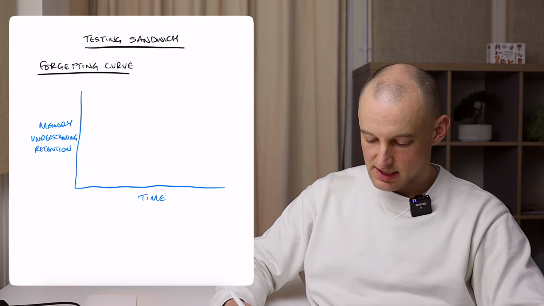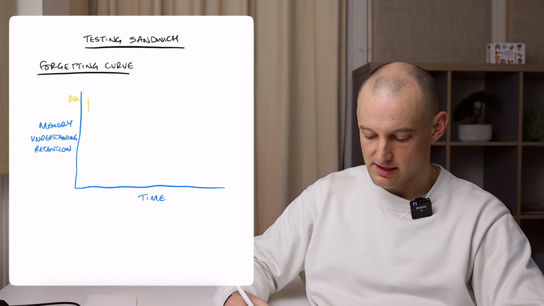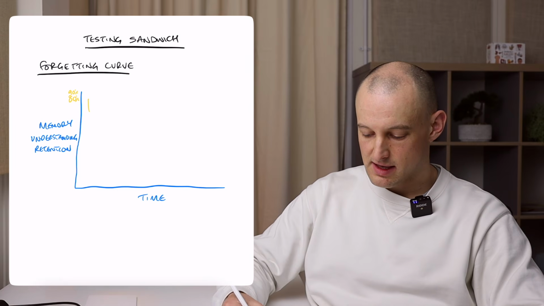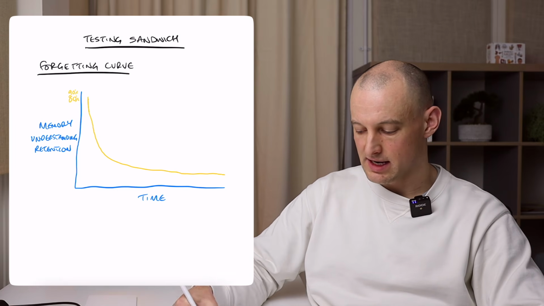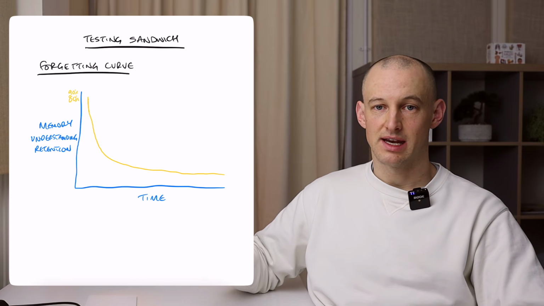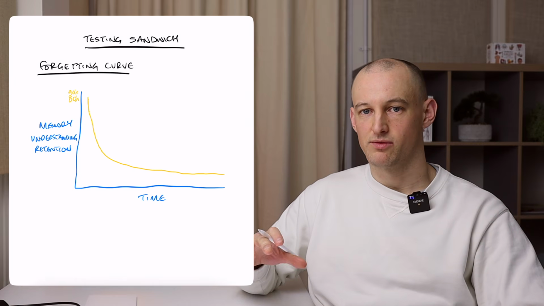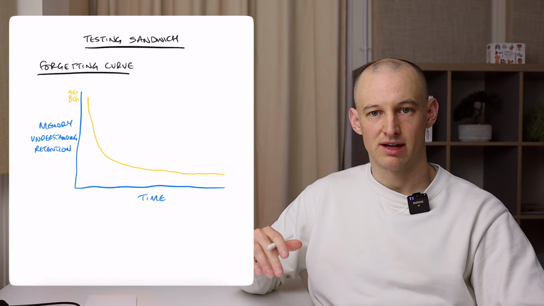So what happens is you study a topic and you start up here. Maybe this is like 80% or 90%. And what happens is your memory drops really quick and then it kind of plateaus down at the bottom. So within a few days of studying something, you'll have forgotten most of what you studied. You'll be down to like 20 or 30%.